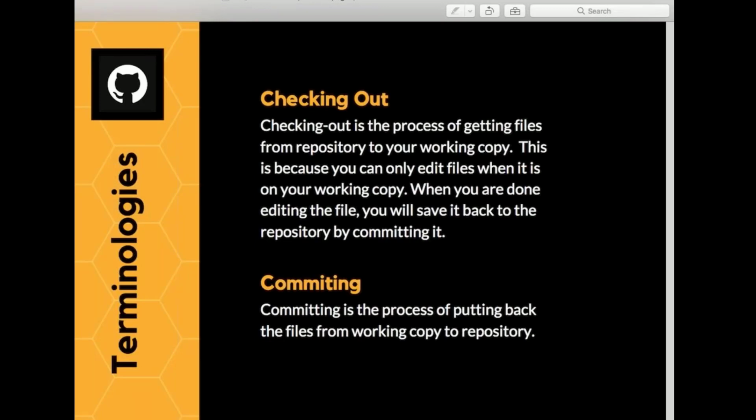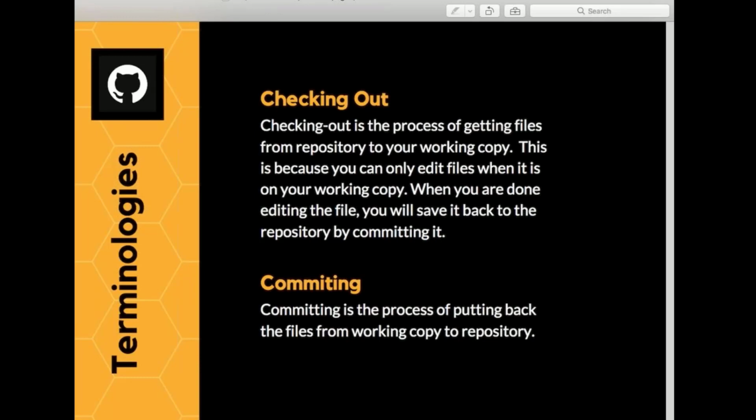Checking out is the process of getting the files from the repository to your working copy. So what is the use of checking out? Whenever I want to get the files of other developers, imagine that I am developer 1 and I want to get developer 3's files. But where are developer 3's files? In the central repository.